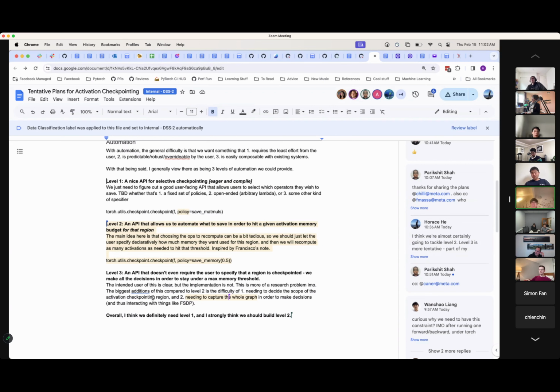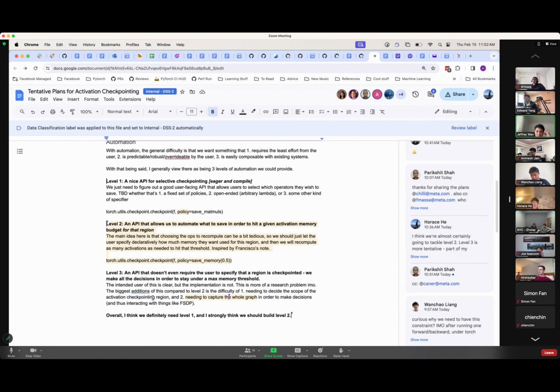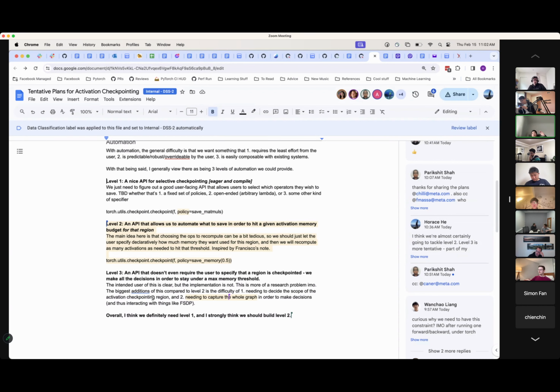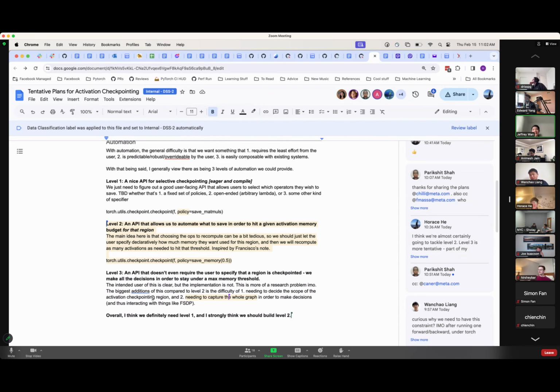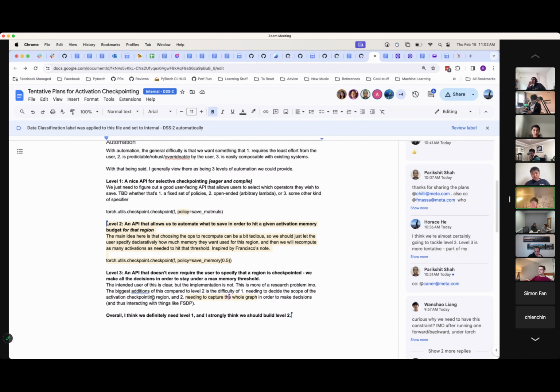I think you mentioned this during the Monday meeting, but I don't completely understand the argument for why it's fundamentally impossible for no graph breaks plus selective plus compile to work. The previous proposal for doing activation checkpointing with graph breaks under torch compile doesn't work for selective checkpointing.